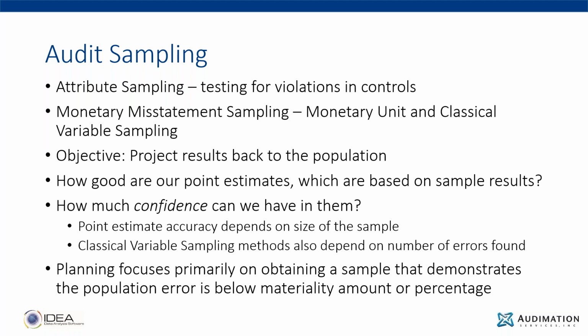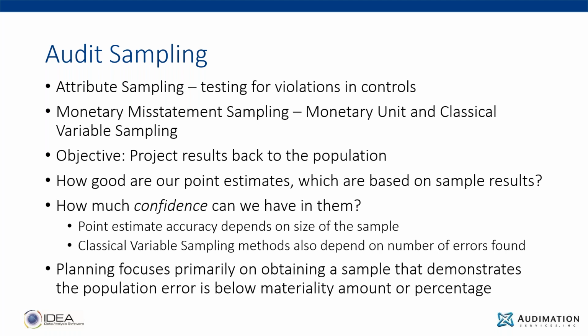And as we saw with the application of the ratio estimator, it's a classical variable sampling method. It also depends on the number of errors found. So, with classical variable sampling, you want to actually find somewhere around 30 errors, not necessarily just sample 30. So if you only sample 30 items, they would almost all have to have errors.